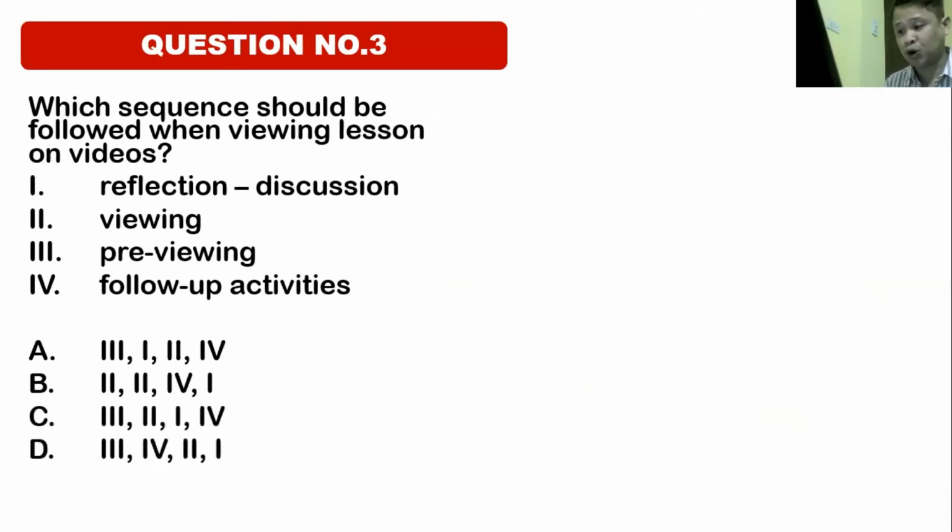So the correct answer is letter C. 3, previewing, then followed by number 2, viewing, then 1, reflection discussion, and 4, follow-up activities. So the first thing that you need to do is to have your previewing, followed by viewing, the viewing proper, then reflection discussion, and the last is the follow-up.